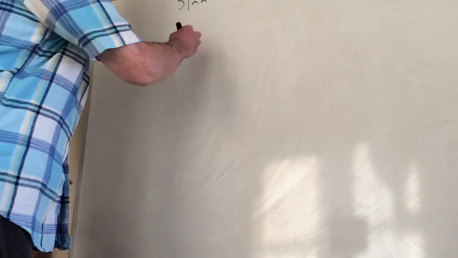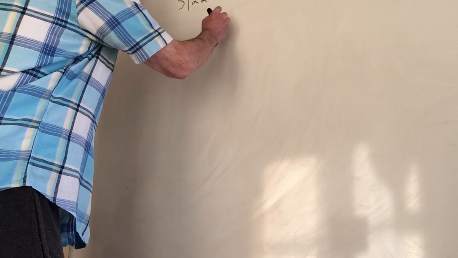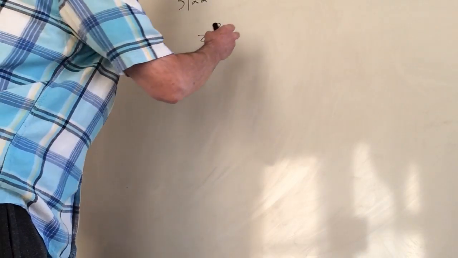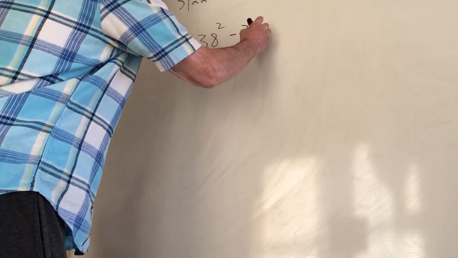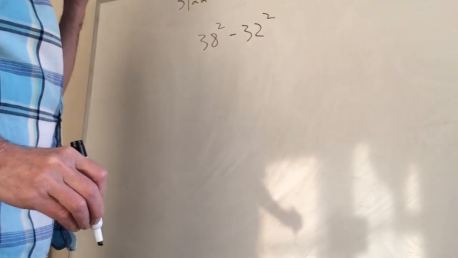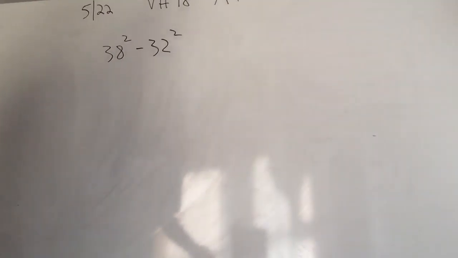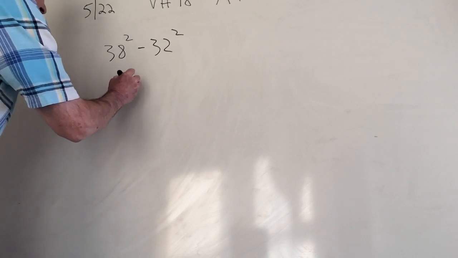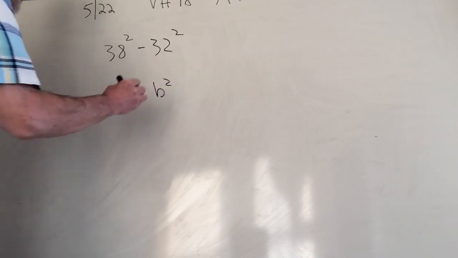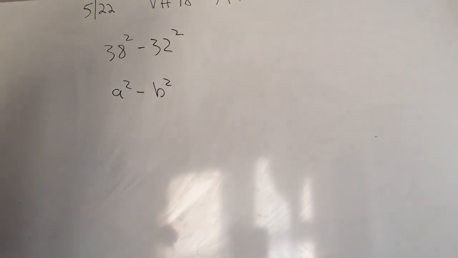So here we go, and we're asked to calculate real quick. They say mental math. I don't know about that. But we're asked to calculate really quick what this equals. So it's pretty obvious what I'm going to do. It's obviously a squared minus b squared, any old numbers, okay?